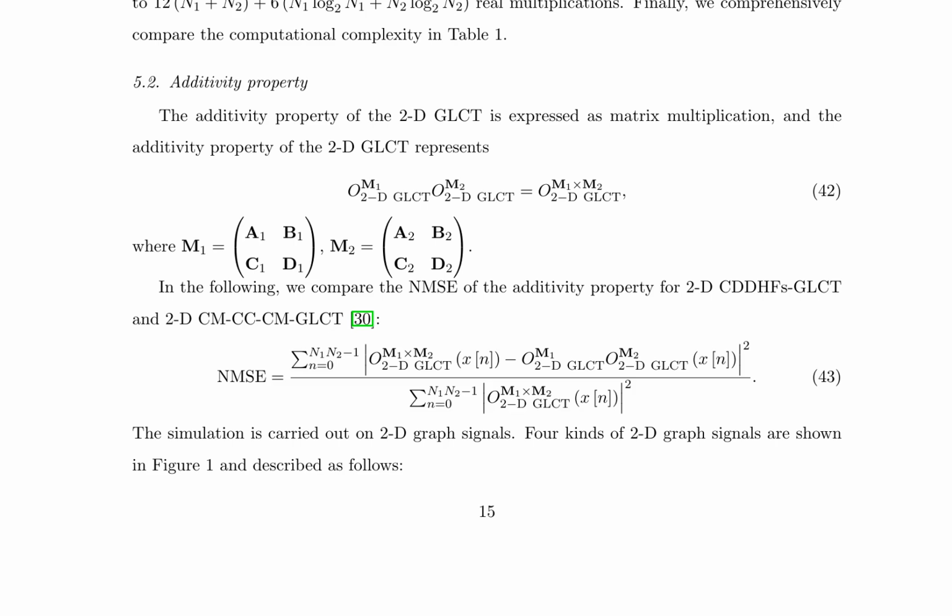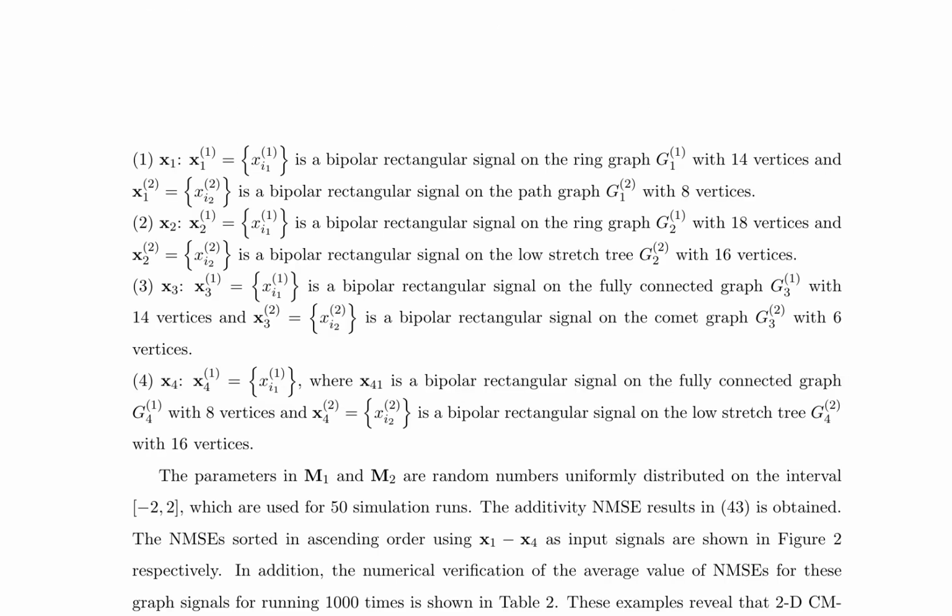The additivity property of the 2D GLCT is expressed as matrix multiplication, and the authors compare the normalized mean square error, NMSE, of the additivity property for both transforms. The results show that the 2D CM-CC-CM-GLCT has similar performance to the 2D CDDHFs-GLCT in the additivity property.